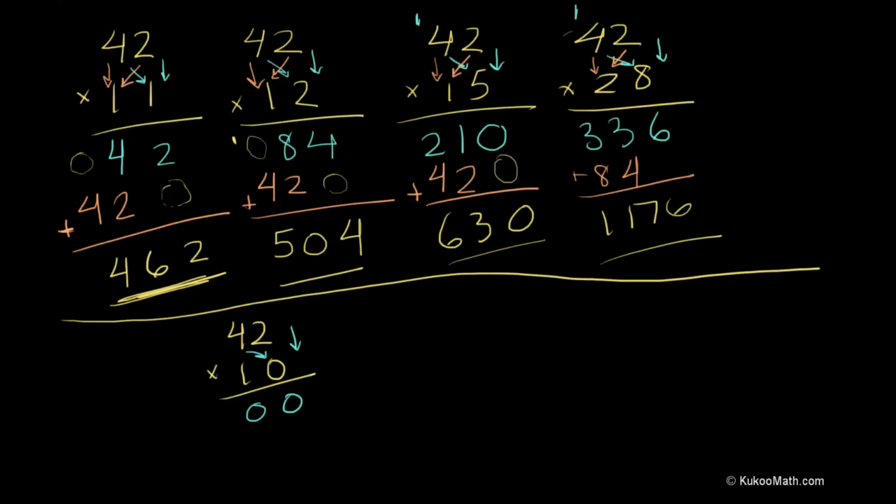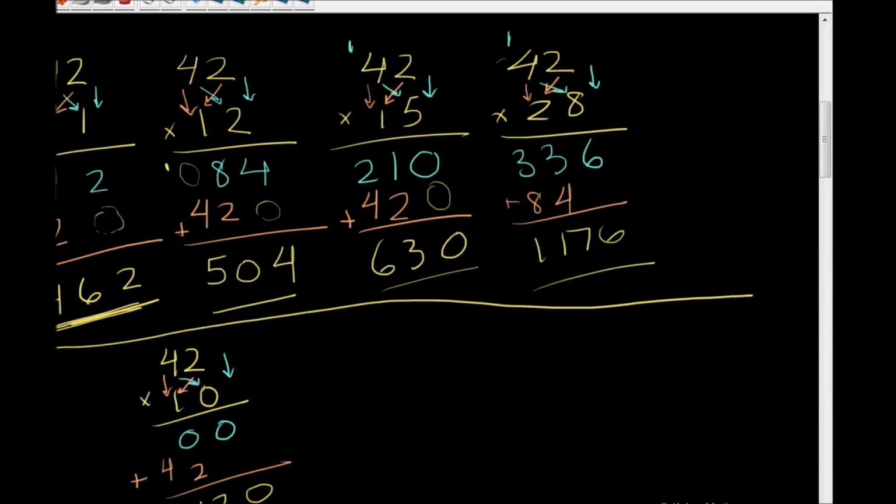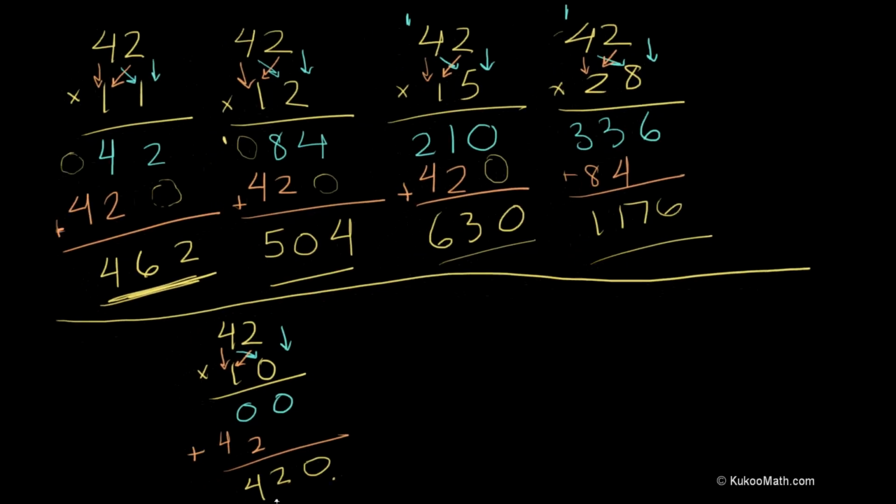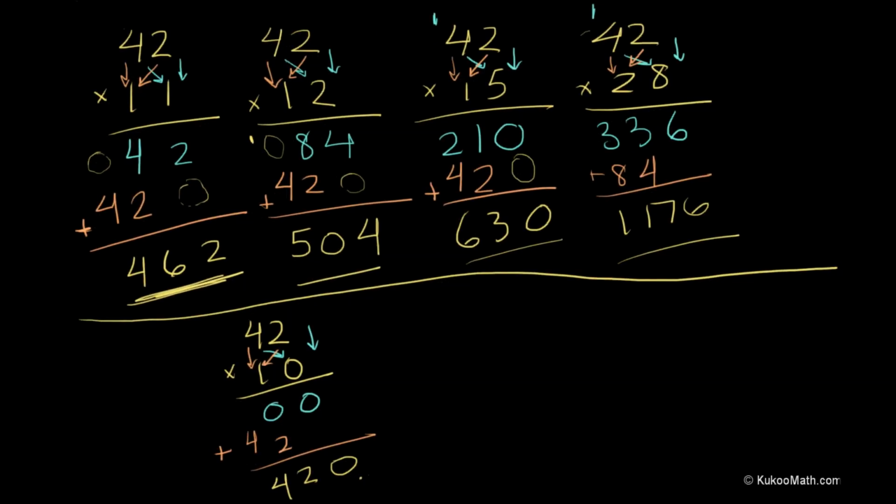Now we go to the next level. 2 times 1 is 2, and 4 times 1 is 4. When we add them up, we get 0 plus 0 is 0, 0 plus 2 is 2, and 0 plus 4 is 4. Our answer is 420.